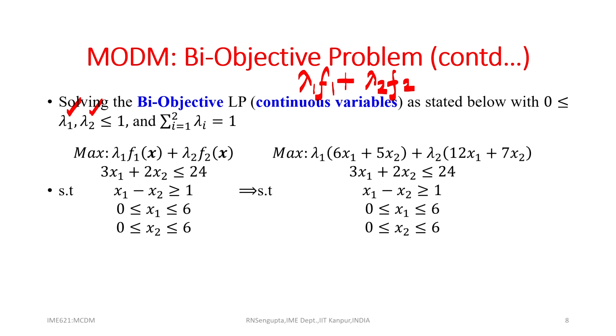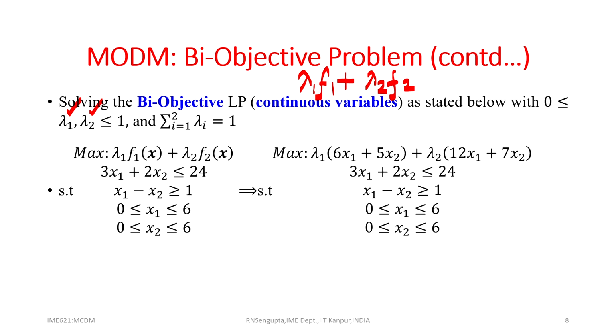So, if lambda 1 is 0, that means all the weightage is for function 2. If lambda 2 is 0, all the weightage is for function 1, and if lambda 1 is 0.5 and lambda 2 is also 0.5, that means we are giving equal weightages to the functions f1 and f2 respectively.